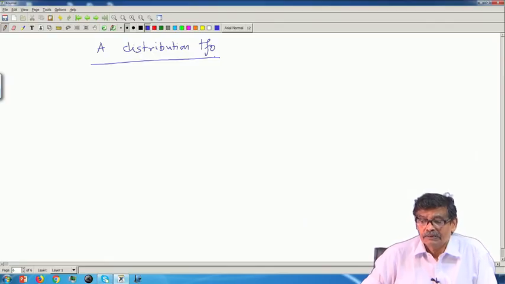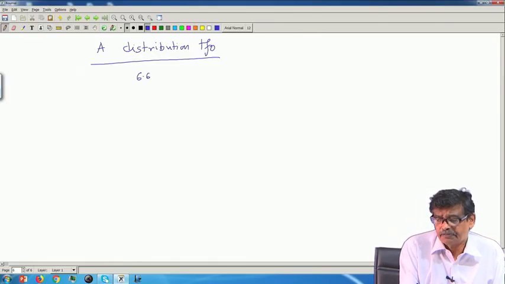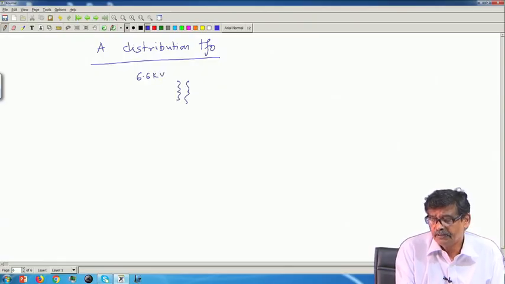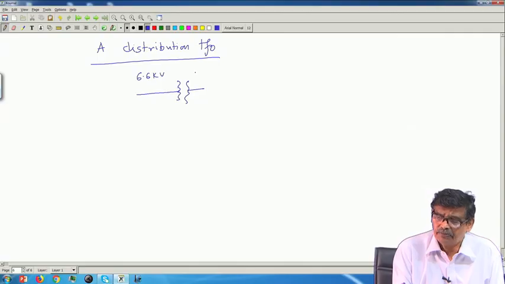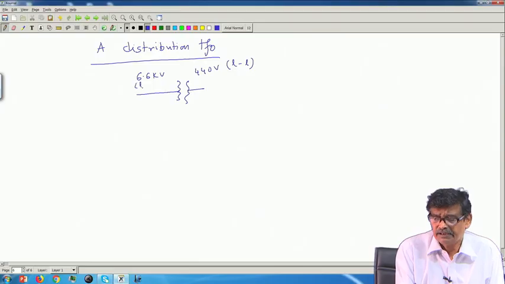So, what happens is this, the voltage may be 6.6 kV on the primary of a distribution transformer, and this side voltage is 440 volt line to line, and this is also a line to line voltage.